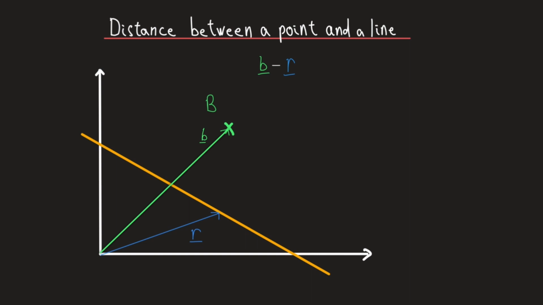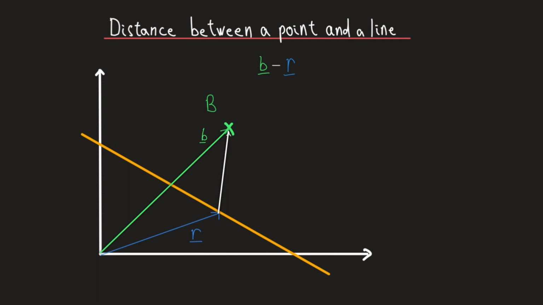And so now what we need to do is find the shortest distance. Now we know that our difference vector will be in this direction. And since our vector R represents any point on our line, we need to choose our vector R at such a point that lies directly perpendicular to that point and our point B. In other words, since R represents any point, we need to adjust it, and therefore we need to find the point such that the resulting difference vector will be perpendicular to our line.